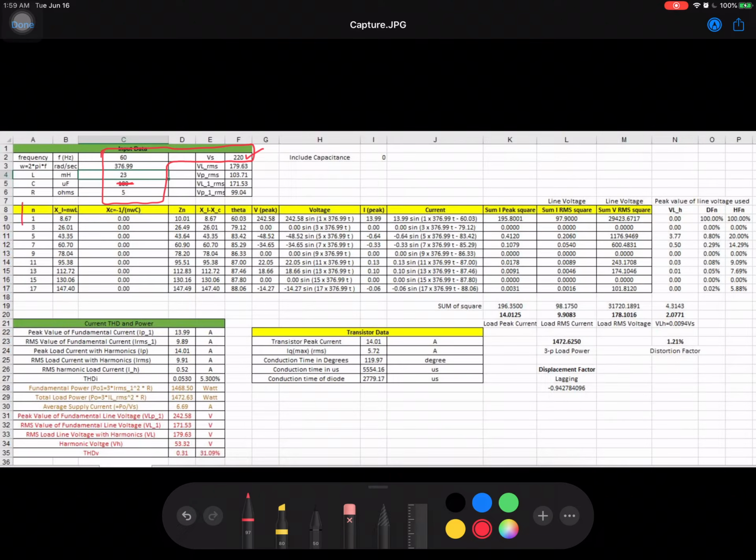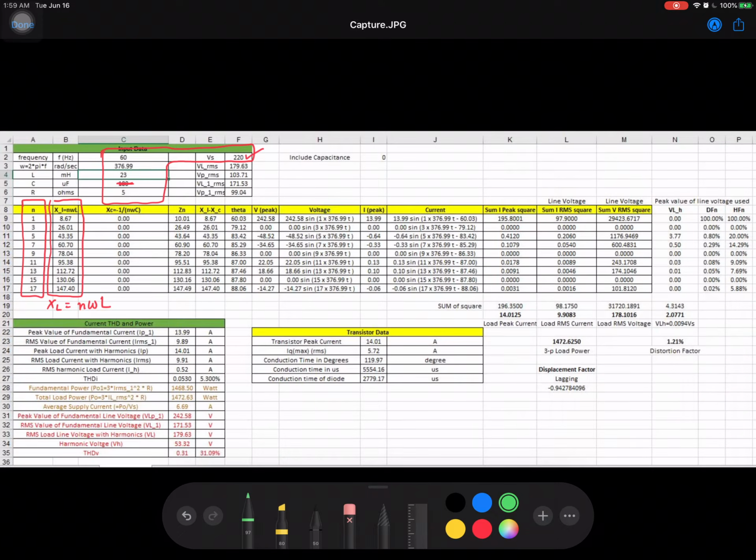Here we are doing the calculation up to the 7th harmonic, considering all the odd harmonics. In the second column, we have calculated the inductive reactance, that is given by n omega L, where n is the harmonic order. So we have calculated XL for every harmonic.